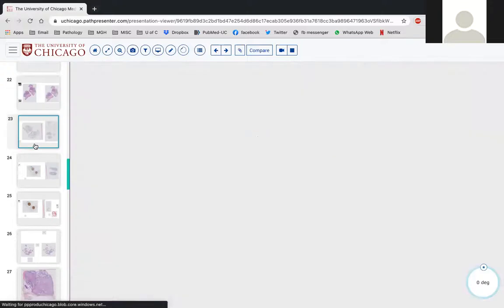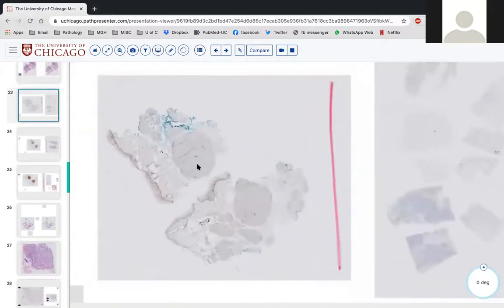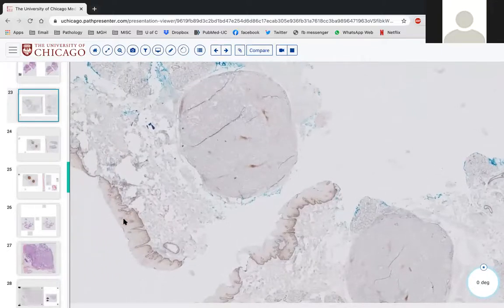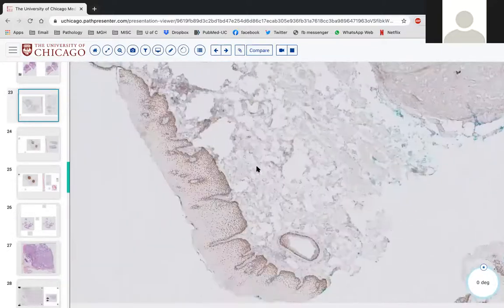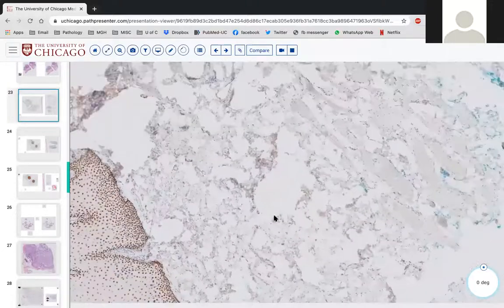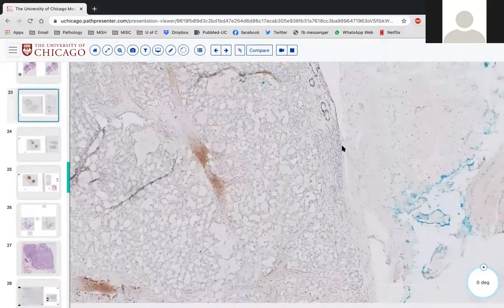Okay, I have P40. This is P40. Again, we can see our internal control in the basal cells is positive, so that's always good to check. But in our tumor, it is negative.